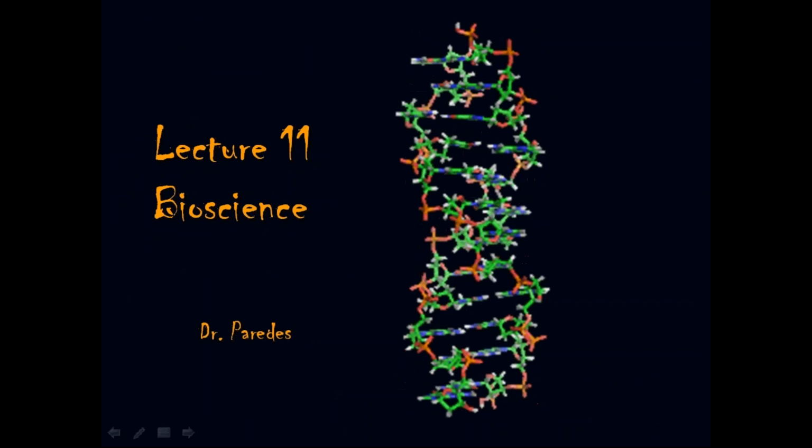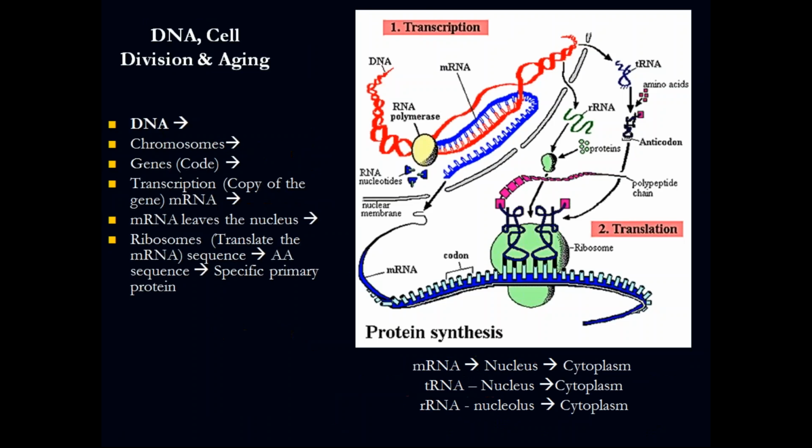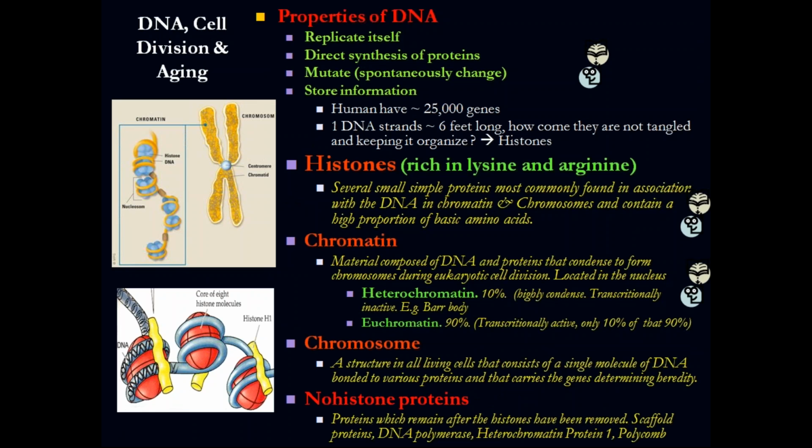The first lecture, lecture 11, is going to be mostly talking about DNA, cell division, and aging. What I want you to remember from all this material is what I'm going to remark at this moment. Number one, and please take note about this, we have the DNA.